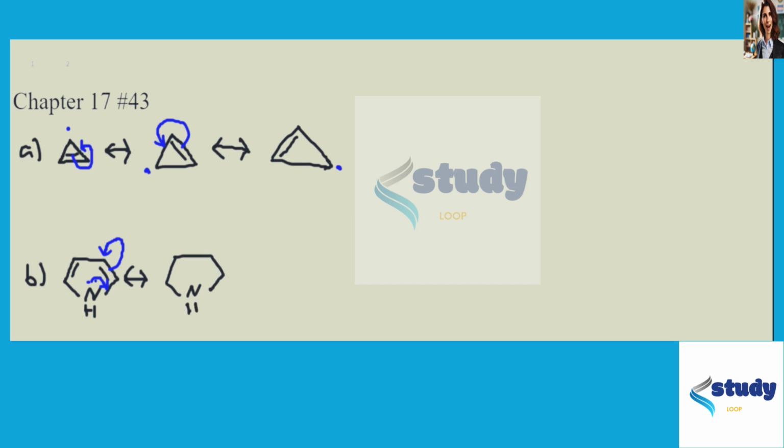And of course, that's not the case. Okay, so we're going to have a positive charge on our nitrogen now, and a double bond there. And this carbon will have a lone pair and a negative charge.